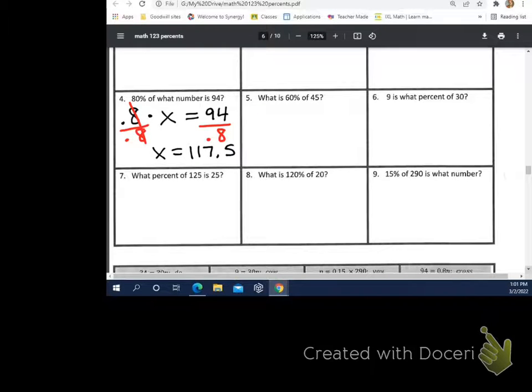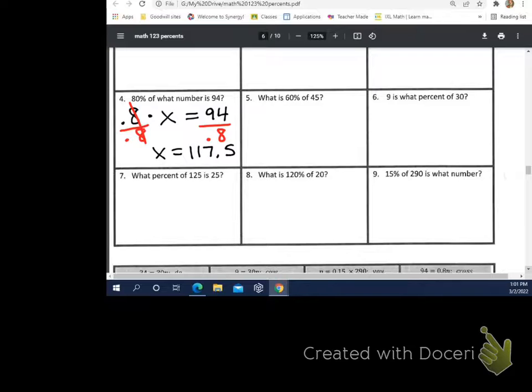Now, sometimes people are like, wait, should the number be bigger? Well, think about what the problem says. If I read it back with my answer, 80% of 117.5 is 94. Okay, yeah, that's more than half. 94 is more than half. I mean, it's in a reasonable range.